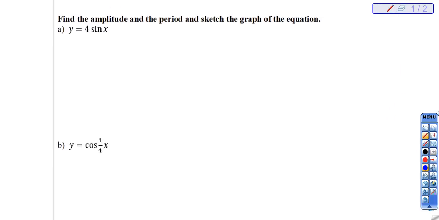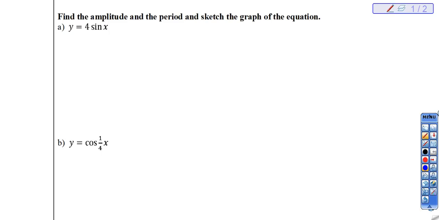Instructions. Find the amplitude and period and sketch the graph of the equation. So here we have the equation, y equals 4 sine of x. So let's first identify, red pen. What's our a term? What's our a? 4, right? It's right there.